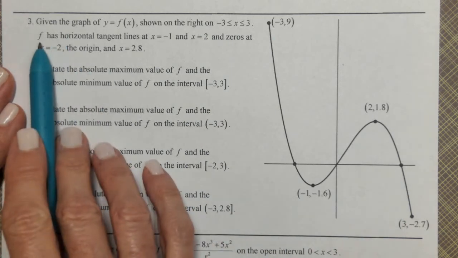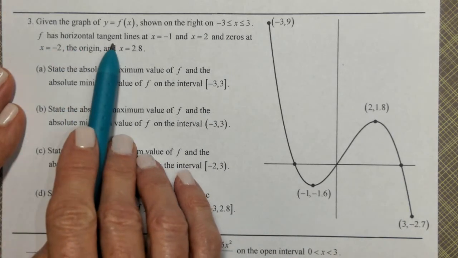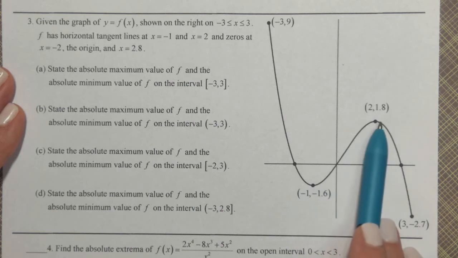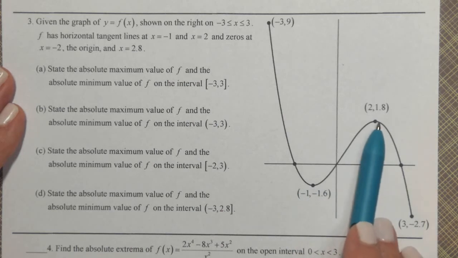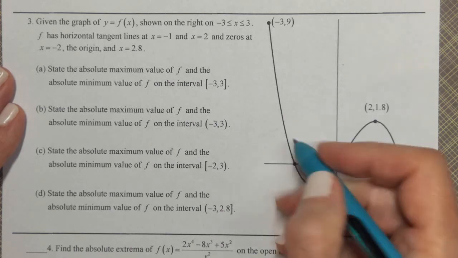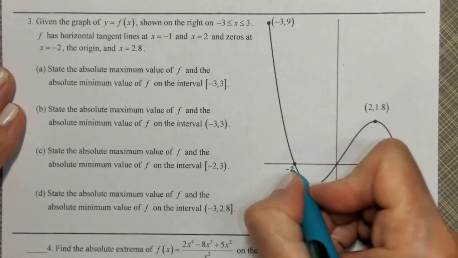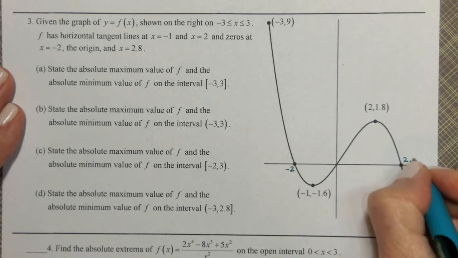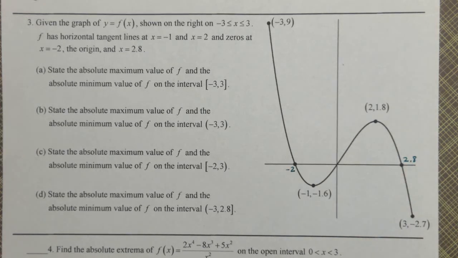And we are told that f has horizontal tangents at x equals -1, so this has a horizontal tangent here, and x equals 2, and zeros at x equals -2, so this must be -2 here, and x equals 2.8, so this must be 2.8 right there. Okay, let's answer these questions.